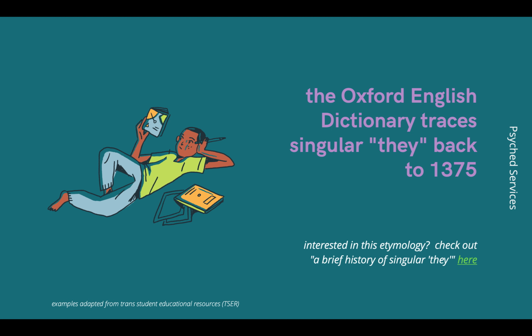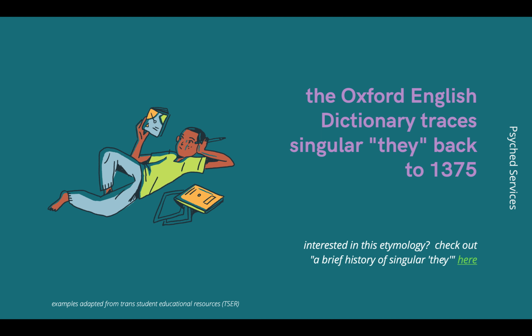Okay, one of the more common questions I get is, is it grammatically incorrect to use they? We are so used to hearing they as a plural pronoun that it sounds very different to many people whenever we hear they used to refer to a single person. The answer is no, it's not grammatically incorrect.